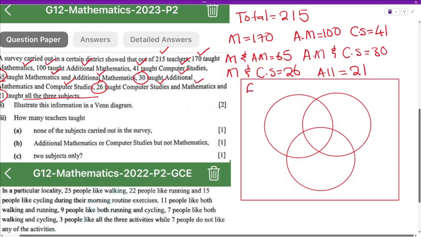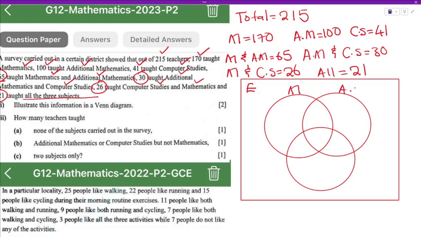Okay, then I can plug in my values now. So this is the universal set. We have math, we have additional math, and we also have computer studies. Remember the goal is to start right at the center. So this 21 for all the subjects. They taught all the subjects. These were veterans. We put them in the center there, and then we go to the next region.